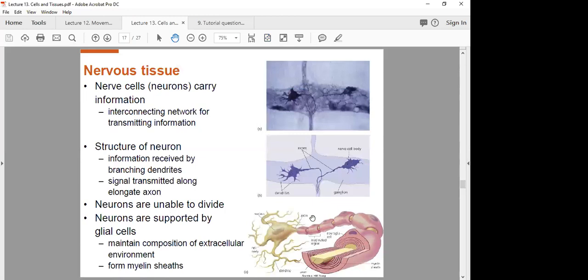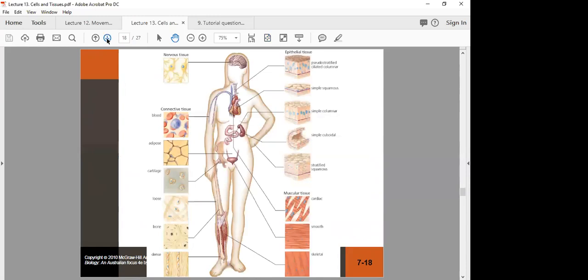Because they're long-lived cells, they are supported by a different type of cell called glial cells, which you can see here wrapped around the actual axon of the neuron. These glial cells also give rise to what's called the myelin sheath, which maintains the composition of the extracellular environment. All right, and here we have the four major tissue types: nervous tissue, epithelial, connective, and muscular tissue, and the location of some of the different cell types within these tissues.